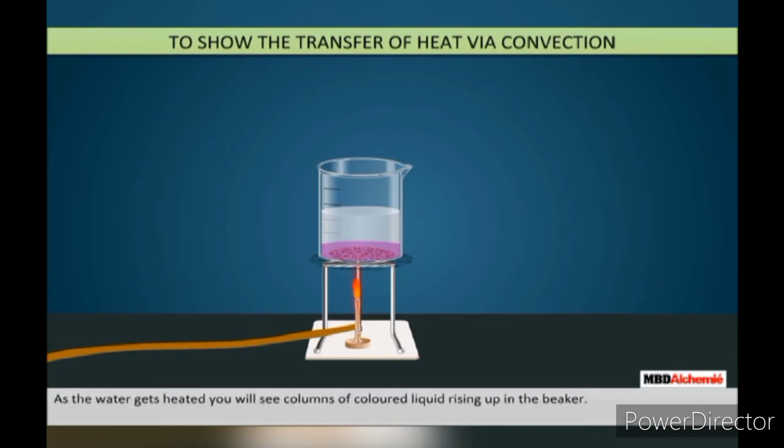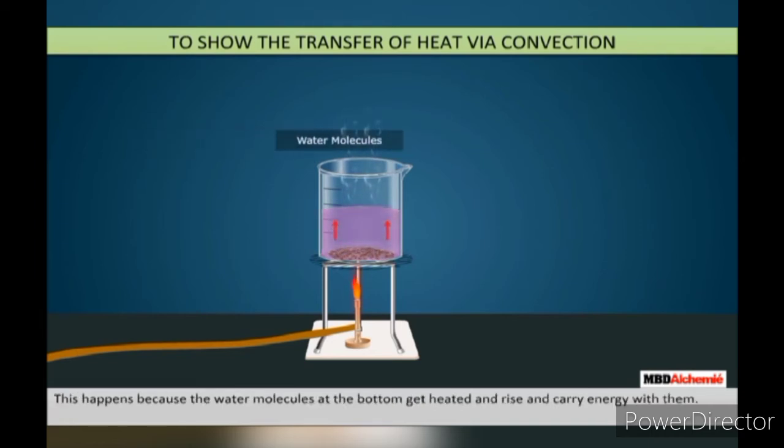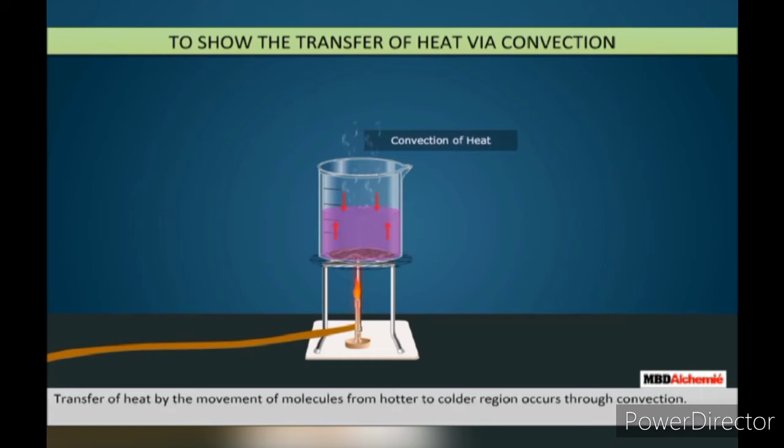As the water gets heated, you will see columns of colored liquid rising up in the beaker. This happens because the water molecules at the bottom get heated, rise and carry energy with them. Transfer of heat by the movement of molecules from hotter to colder region occurs through convection.